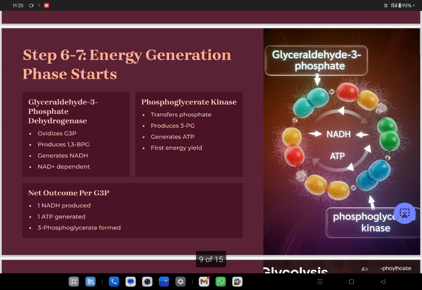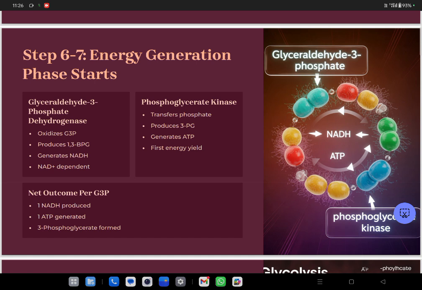Now is the step where energy formation starts to take place. There is the very common enzyme glyceraldehyde 3 phosphate dehydrogenase, which is constitutively expressed in all cells. It doesn't increase, it doesn't decrease. This is perfect.